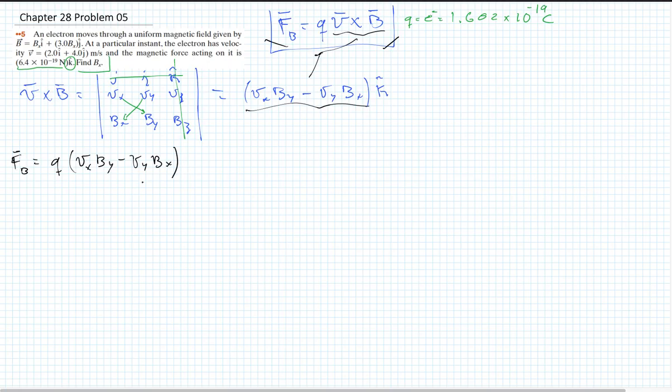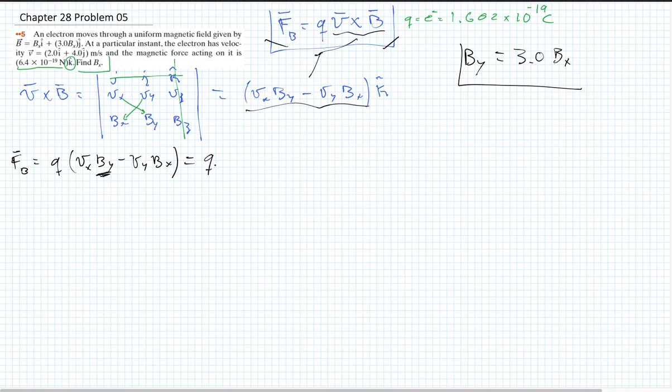We know the answer here because of the force, but we need to plug in what we need here. So take a look at By. Our By is equal to what, guys? 3 times Bx.